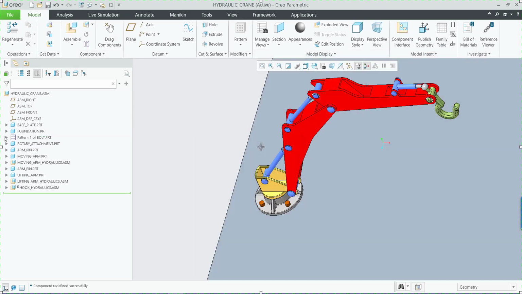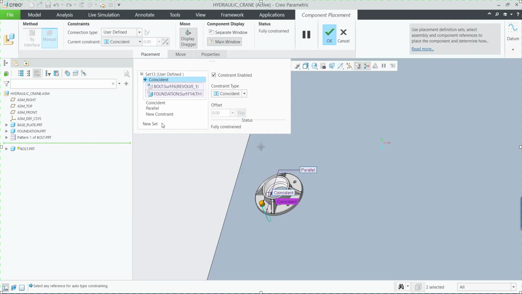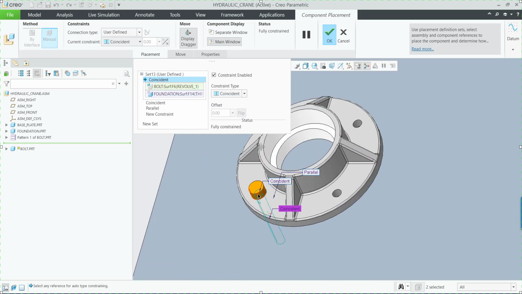Now further with the bolts, there is a pattern of bolts, and I can deal with the first instance, the parent of the pattern. Now we can look at these constraints: the bolt shaft and the hole, the centers are matching.